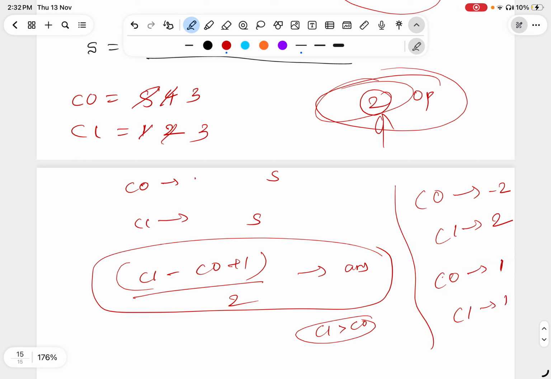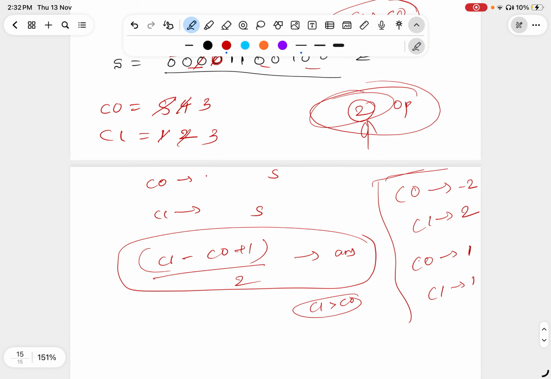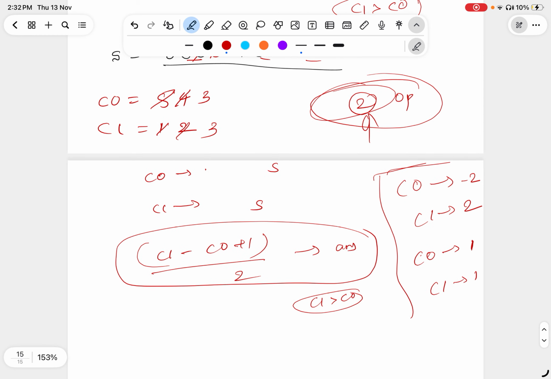So the number of minimum operations will be the difference of count of zeros minus count of ones, divided by 2.